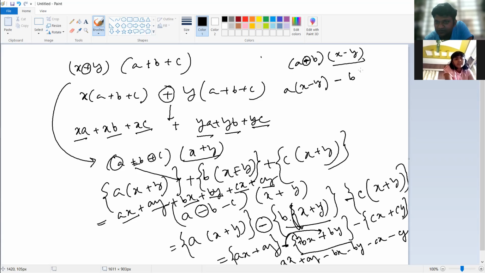Then take b, and then take x minus y. Just take a bracket over there. So see, what is the formula? Take the first term and take the rightmost total term with it. Take the second term and the rightmost total term with it. And the sign between them is this sign.